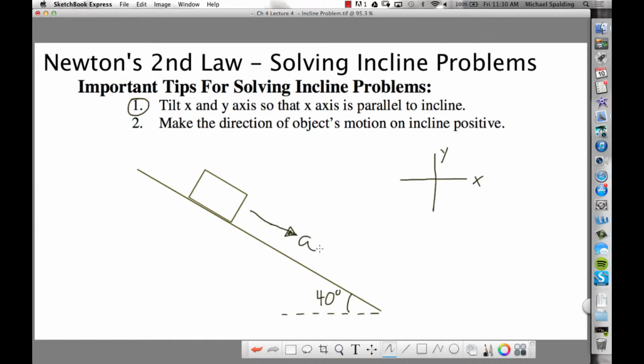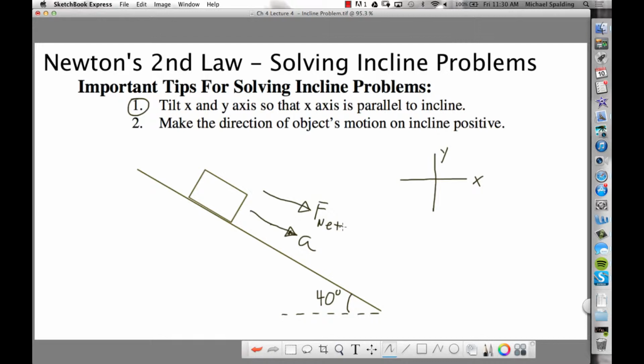And by the way, which way would the net force be? If the object on the hill is accelerating down the hill parallel to the surface, which way would the net force be? In the same direction. So at this point, you should know that acceleration and net force are always together.